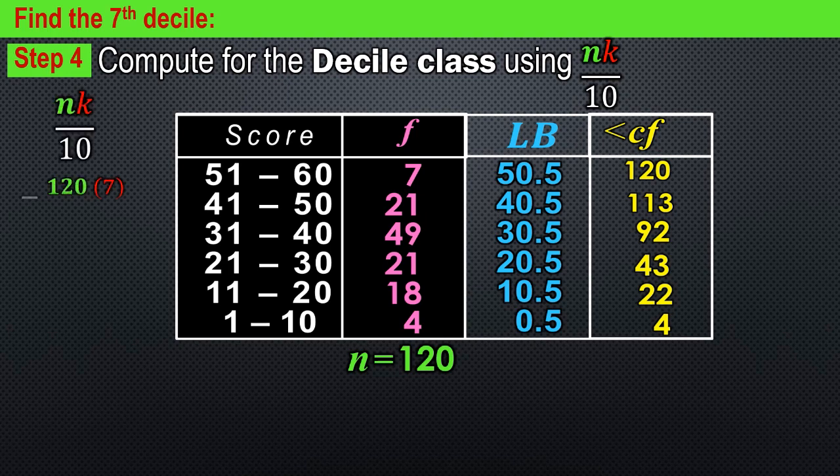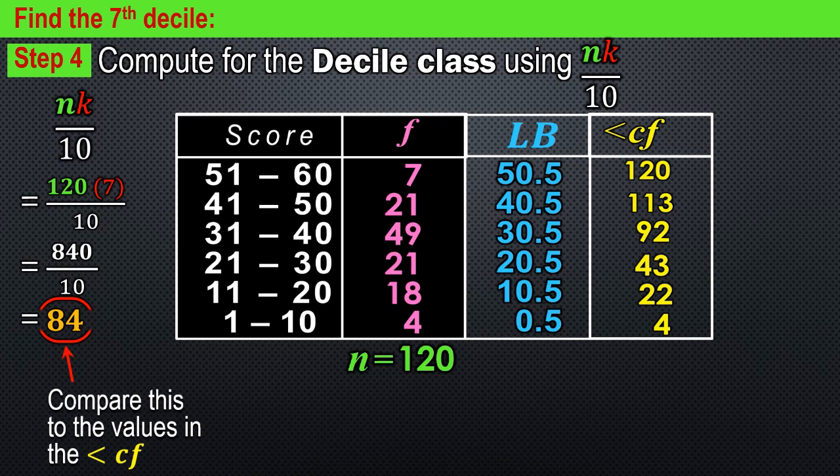Now we are going to replace the given values for n and k. Our n is 120 and our k is 7 because we are going to find the 7th decile. So 120 times 7, we have 840. And 840 divided by 10 equals 84. And 84 is the position of our class.